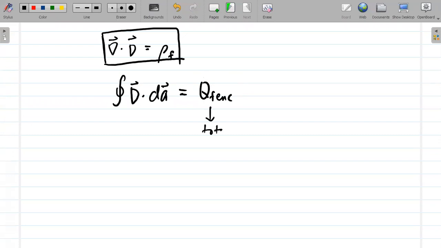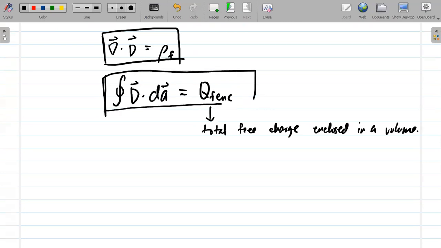This is the total free charge enclosed in a volume. Okay, so class, ito lang yung important. This one and this one. So parang gumawa tayo ng bagong Gauss's law in dielectric media.